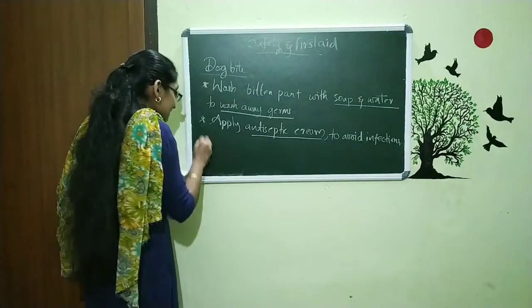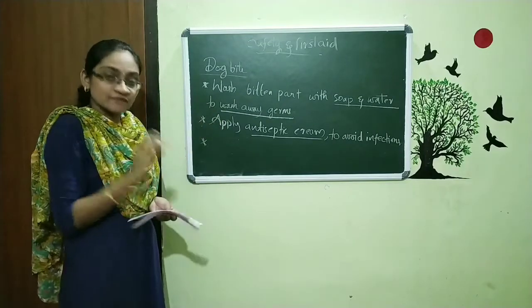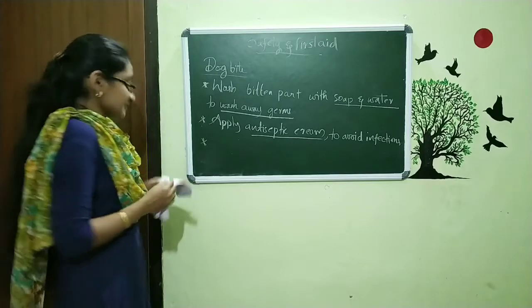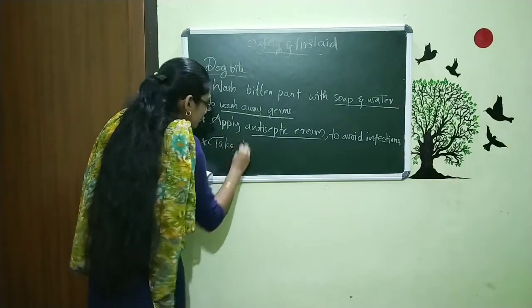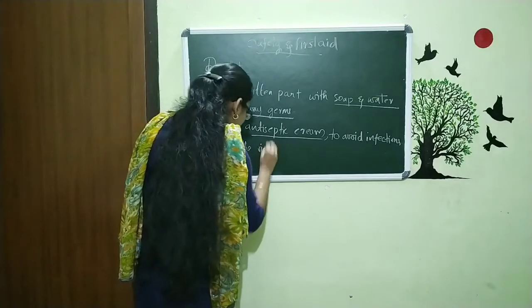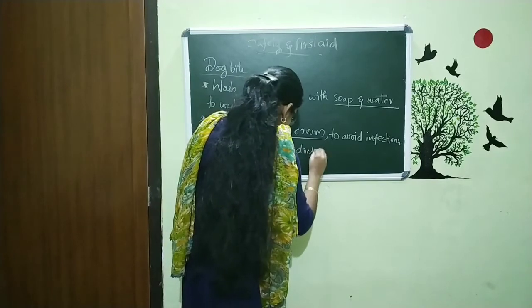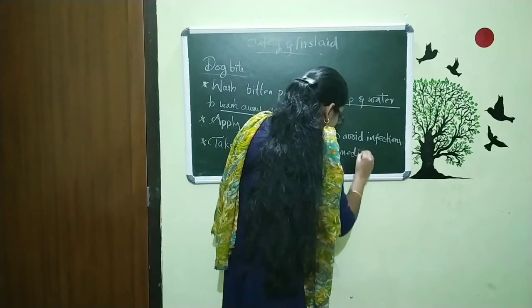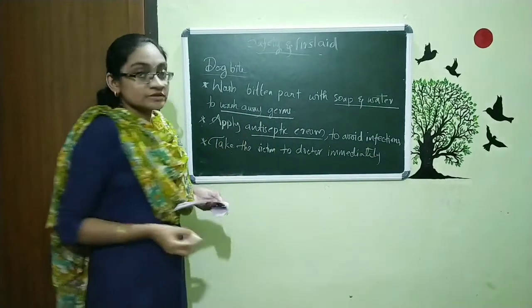And the third thing: these are all first aid, which means we bring the victim, the patient, to the doctor. That is the third point. Take the victim to the doctor immediately.